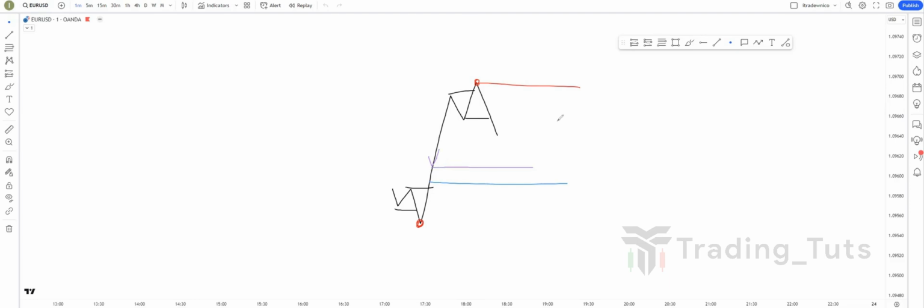But you can just either call them internal range liquidity, or you can call them, let's say, inducement, right? They are the exact same things, but when you start thinking about what a T1 is and a T2 is, it just clicks straight into your mind. And that's how we're going to use them to simplify our way of trading. So that's all for the range. See you in the next one.